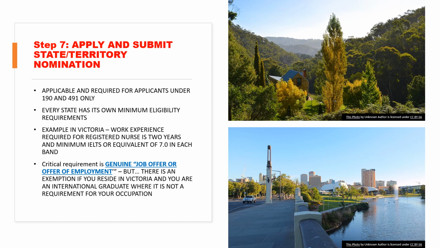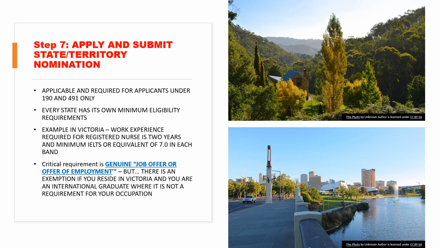For example, in Victoria, you can submit the EOI and state nomination simultaneously. But in the state of Queensland, you first submit your EOI and wait for them to nominate and invite you to apply for the visa.